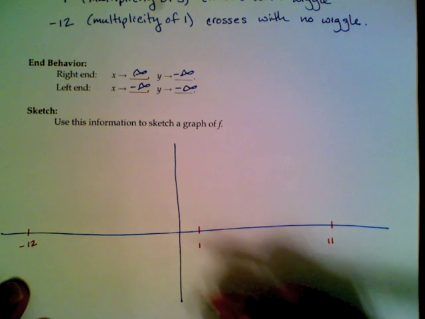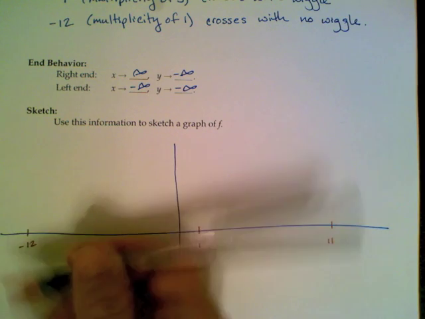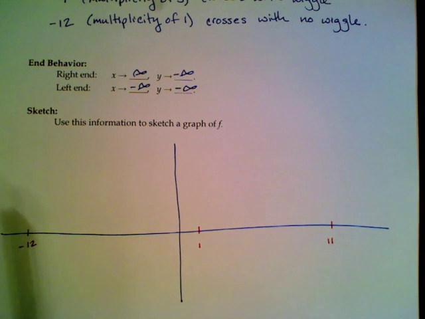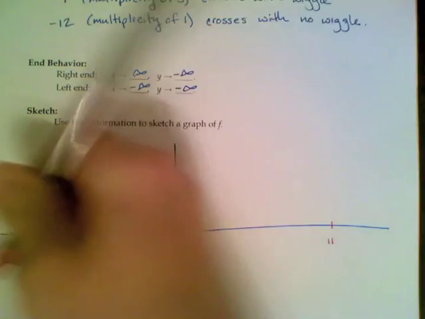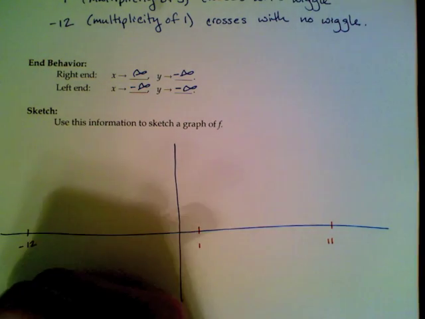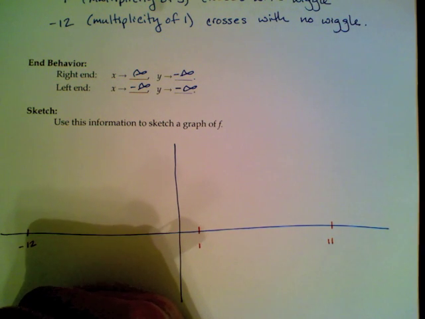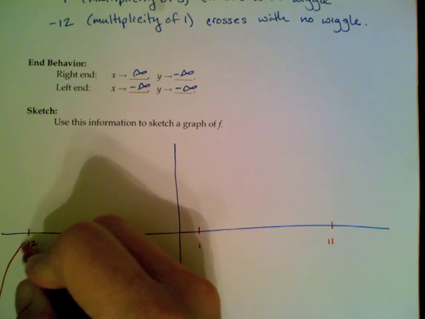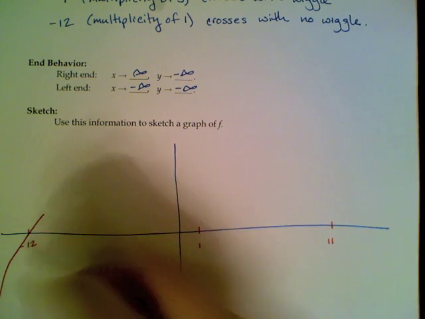I know that on the left end, as x approaches negative infinity, y approaches negative infinity. So I know that it's going down in this direction, which means when I start sketching my function, it's increasing here. Notice that it crosses at -12 with no wiggle.